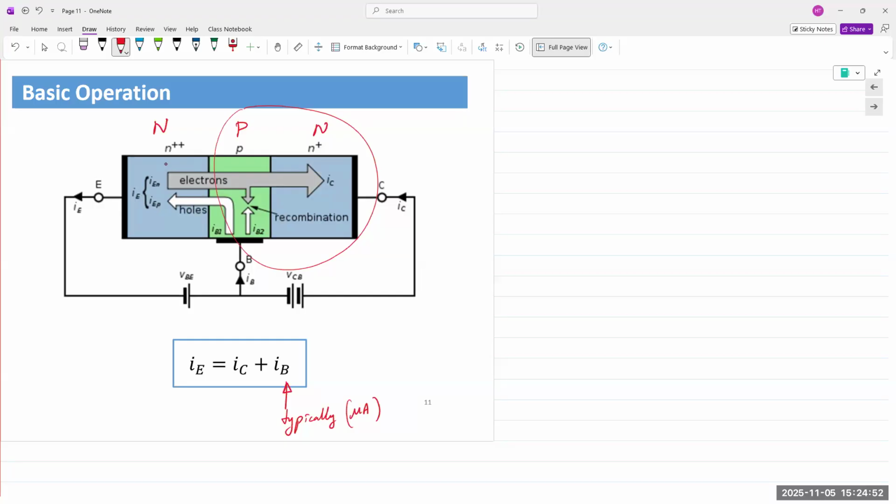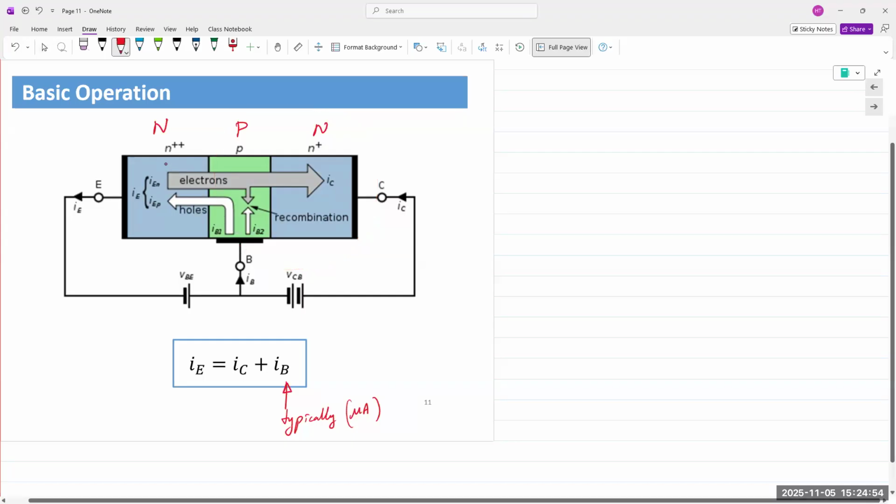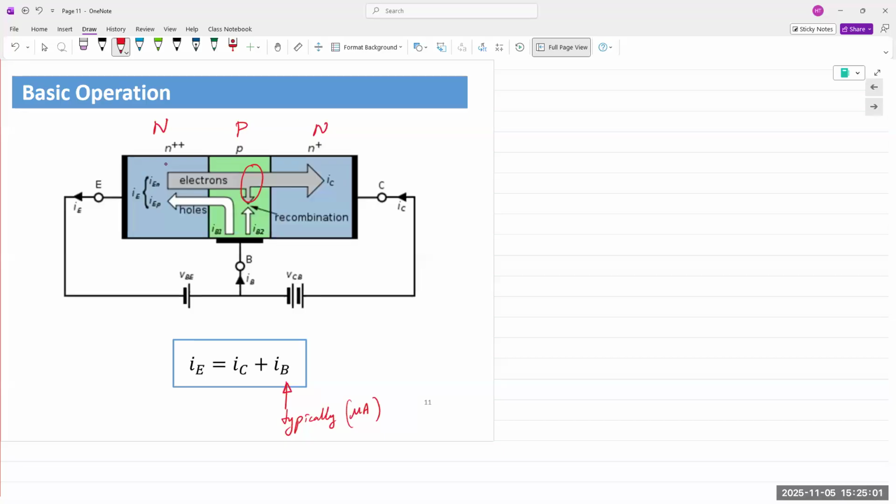If we reverse bias it, the electrons, which are minority carriers in here, are able to cross the junction. Remember, if you recall from chapter 2, we spoke about forward biasing and reverse biasing the PN junction. If you reverse bias a junction, the majority carriers are pulled away from the junction. So the depletion region keeps on expanding.